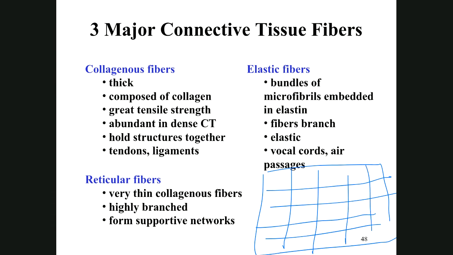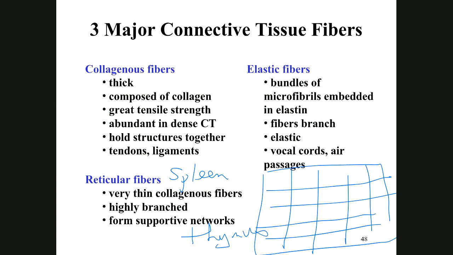So we call those reticular fibers a supportive network. Organs like the spleen are a good example. The spleen and thymus have reticular fibers, which is basically this network.